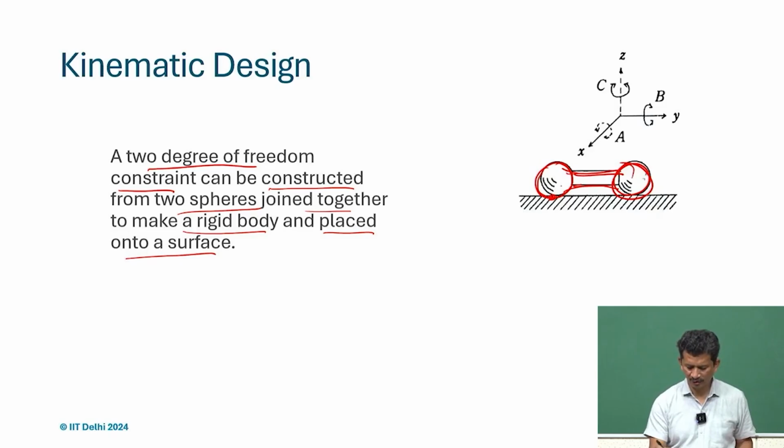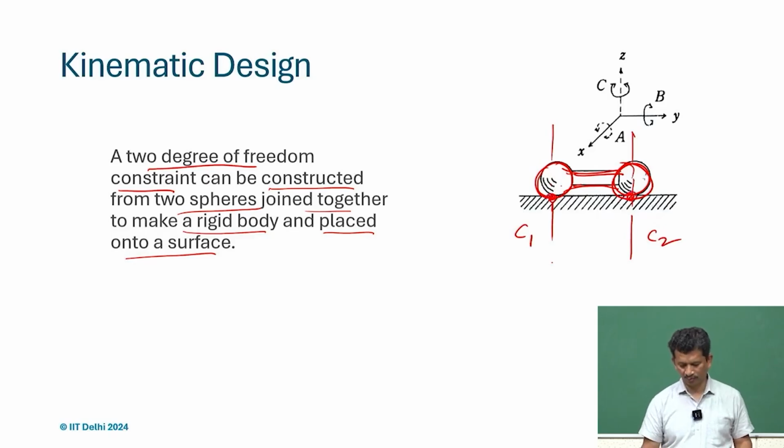So, any object if we take and try to put on the surface, if it is making only 2 contacts here. So, these are the two constraint lines we are now talking about, C1 and C2, and these are the constraint contact points. What happens in this case?